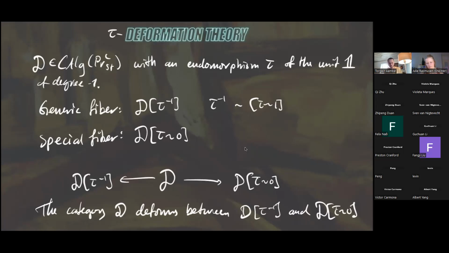For example, you can use filtered spectra or filtered objects, and then you can do this very formally, or you can set it up using other machinery, using sheaves, for example. But this is a very brief meta definition of what a deformation between two stable infinity categories should be. So we say D is the tau deformation between the category D tau inverse and D tau equals 0. That's the idea we should have in our heads.